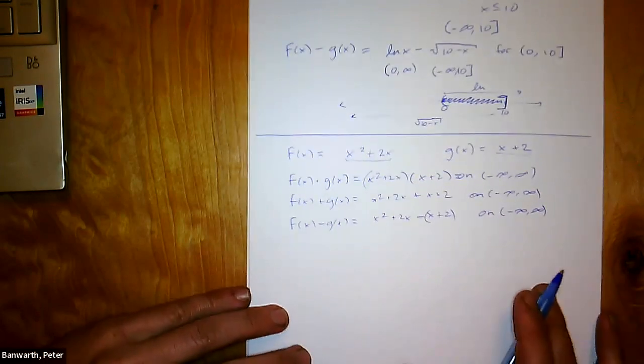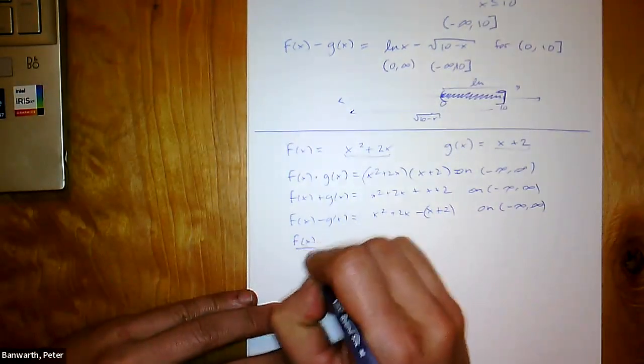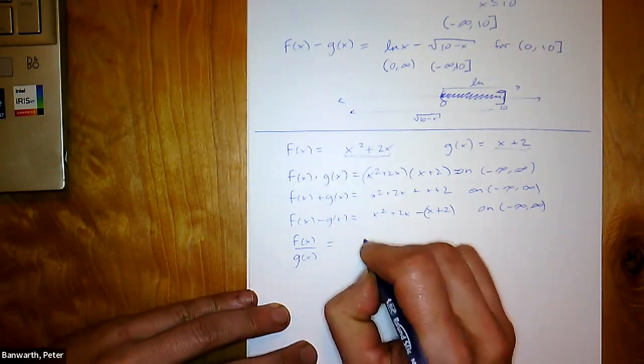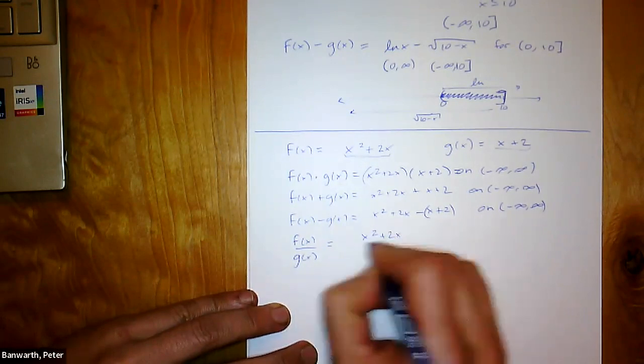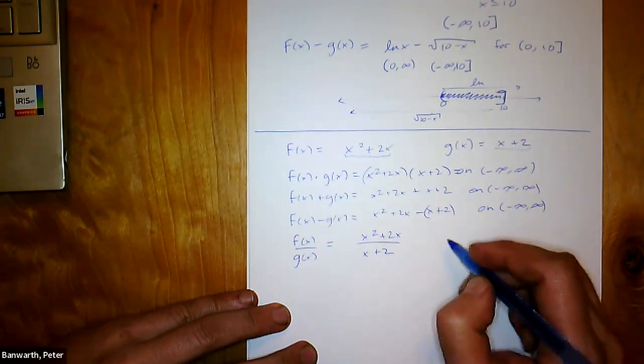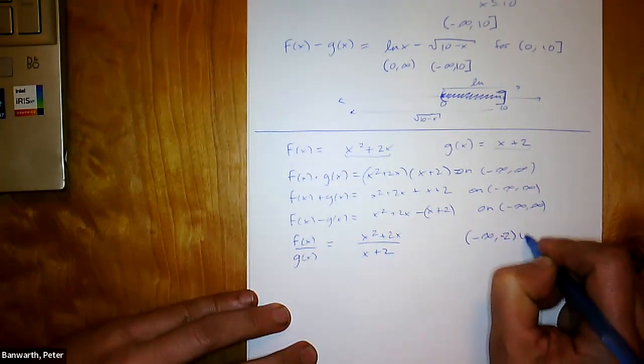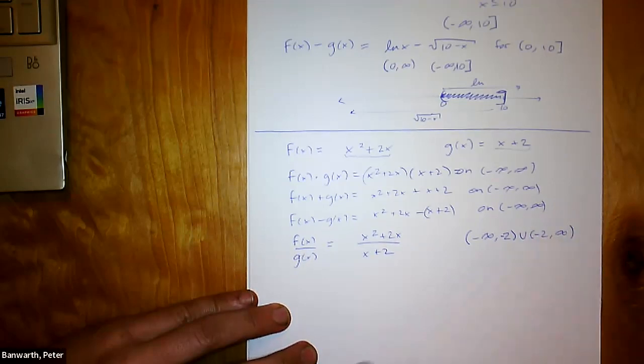And as you might have guessed, the one we have to worry about in this case is f of x divided by g of x, which is x squared plus 2x over x plus 2. So it only works if the denominator is not 0. So I have to cut out negative 2.